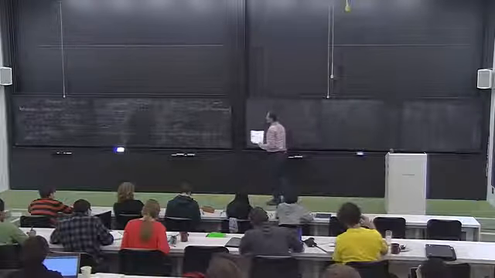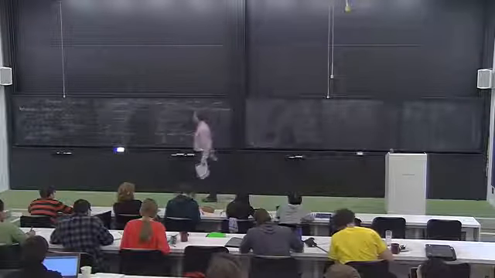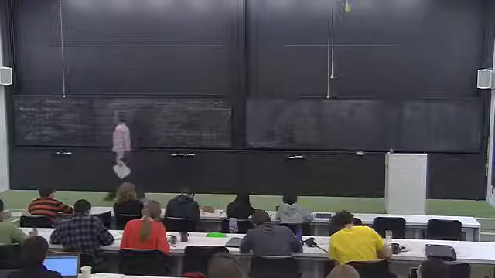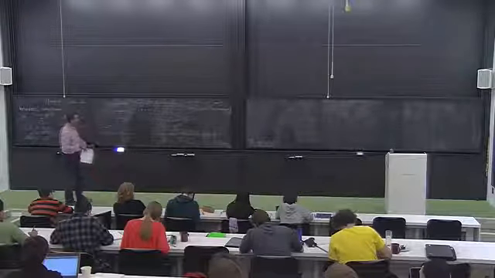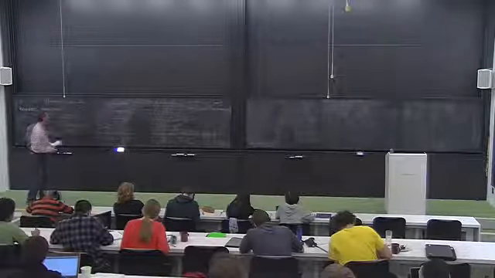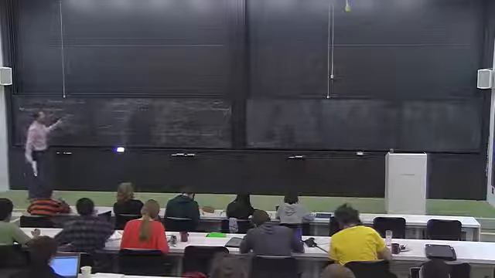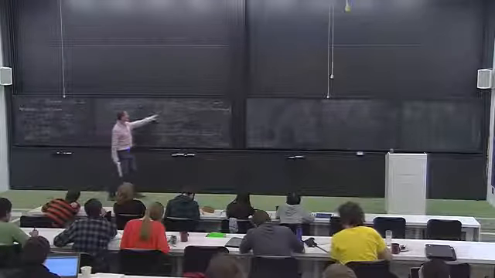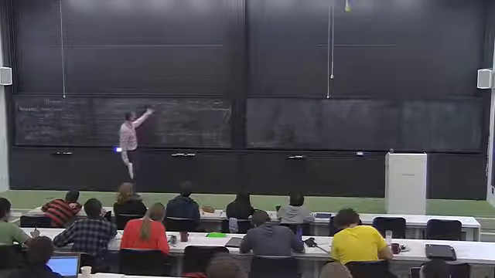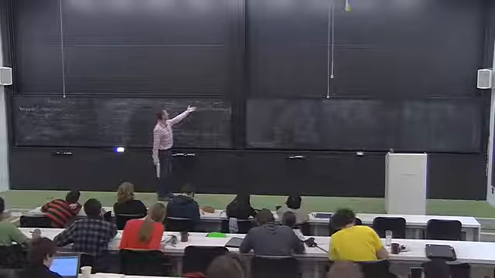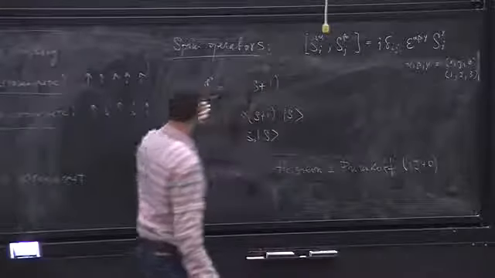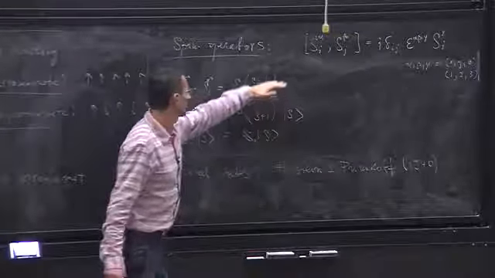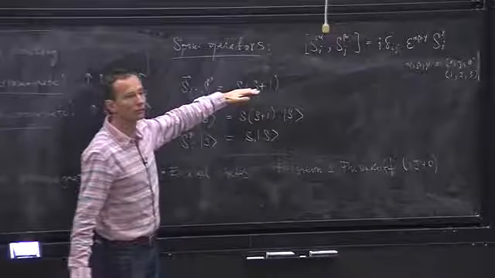So what Holstein and Primakoff noticed is that the reason this problem is somewhat difficult to solve is because the three components of spin, Sx, Sy, and Sz, are really not independent. They are connected either through this commutation relation, or you can view this operator identity as a constraint.